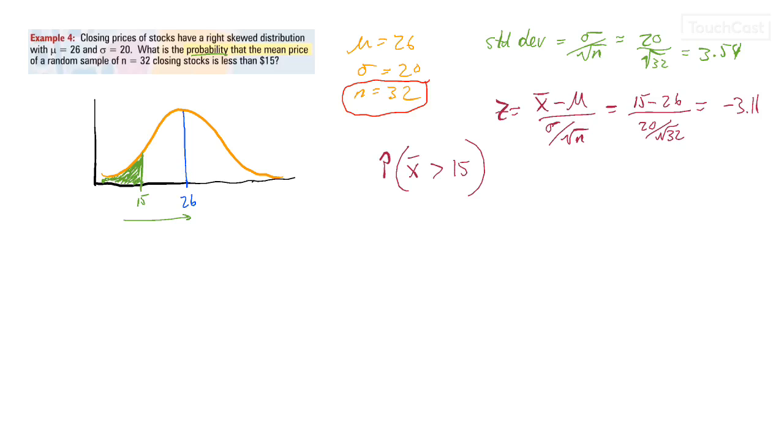If I look that negative 3.11 up on the table, I should get 0.0009.